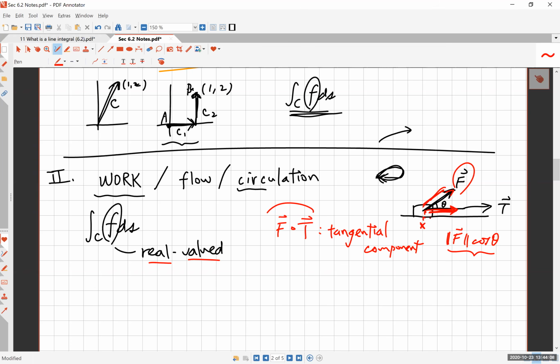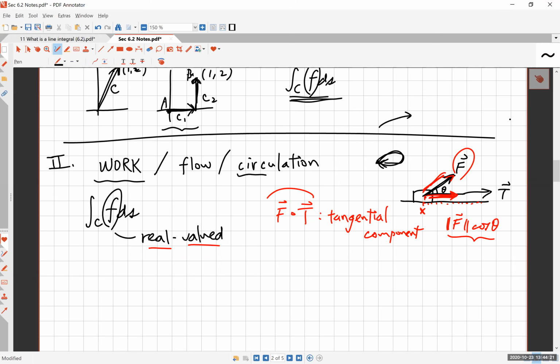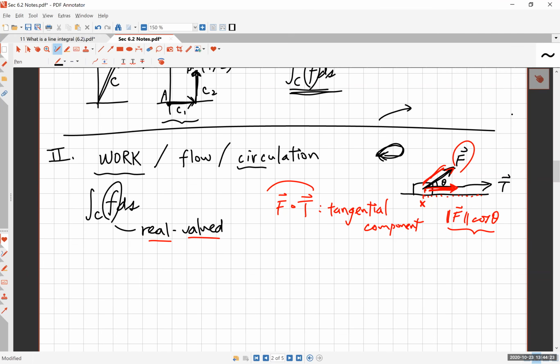This tangential component is defined at every single point of this line or curve. So by integrating, you get the entire work done by the force or vector field F in the direction of T. And so that is why we integrate F dot T ds.